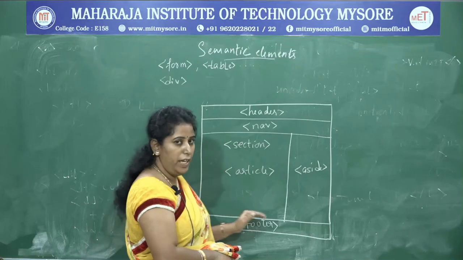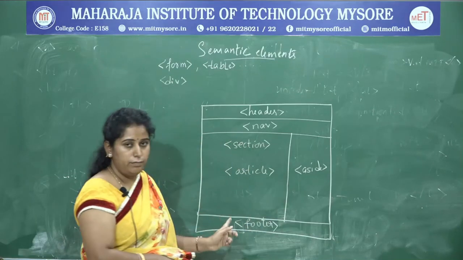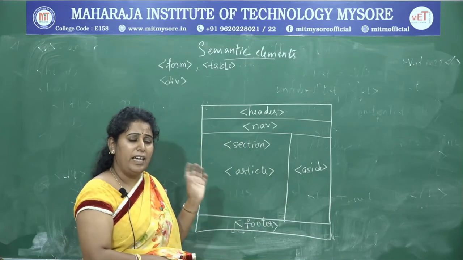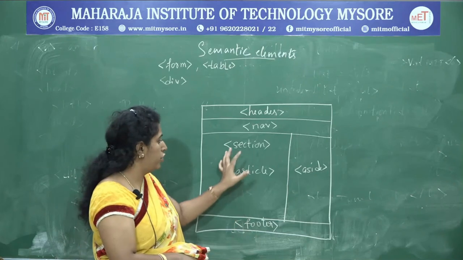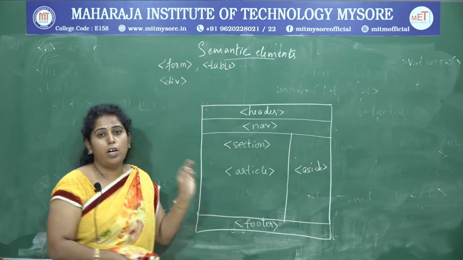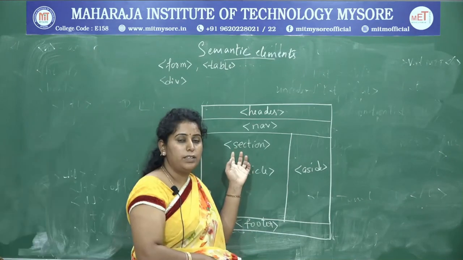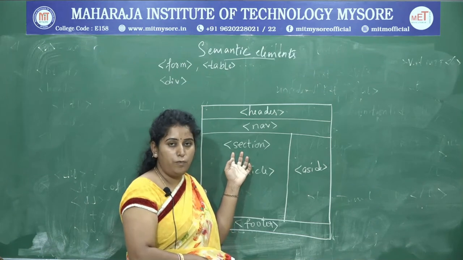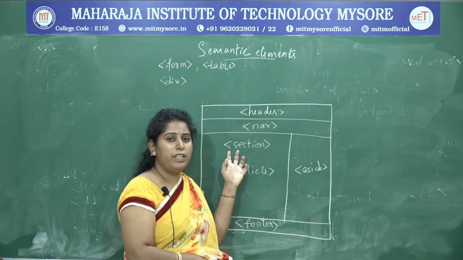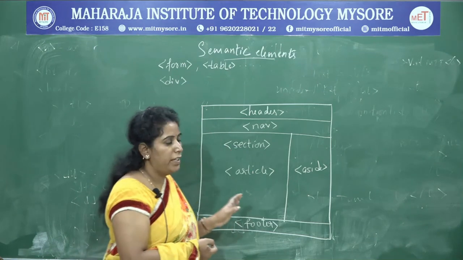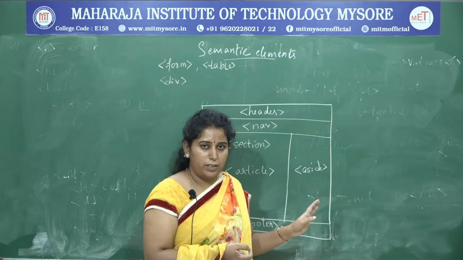Next, under that, a larger area is limited for section and article. What is a section? A section is a thematic grouping of contents, typically with headings. Let me take the example of 7th semester students.